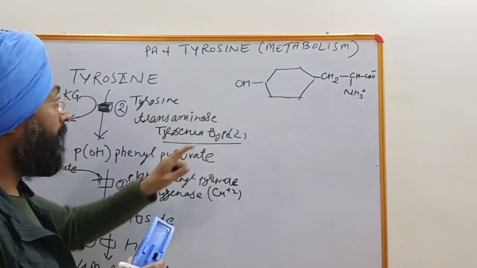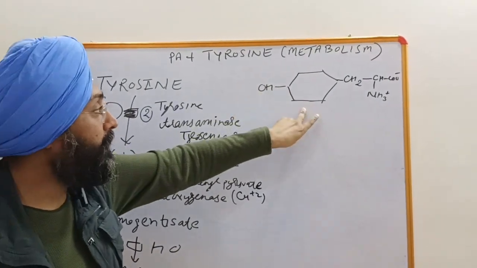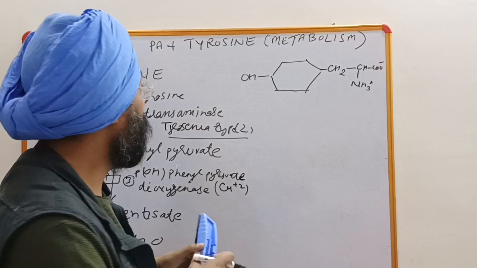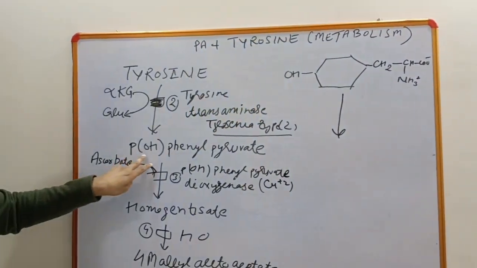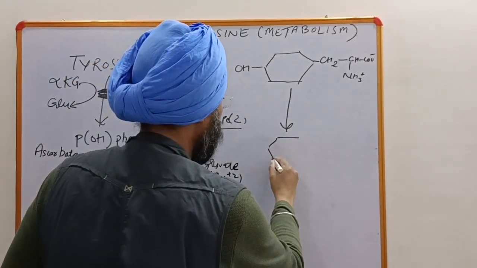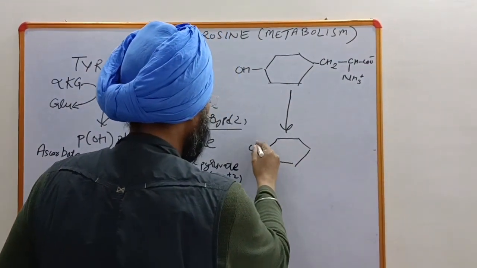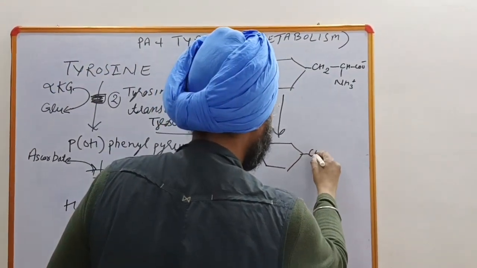So this is tyrosine, para-hydroxy. At the para position we have a hydroxy group. The phenyl ring is there, alanine, para-hydroxyphenyl. This is tyrosine. Now I will convert it into our second product, that is para-hydroxyphenyl pyruvate. So para is there, hydroxy position. So this is para-hydroxyphenyl, and pyruvate is there.